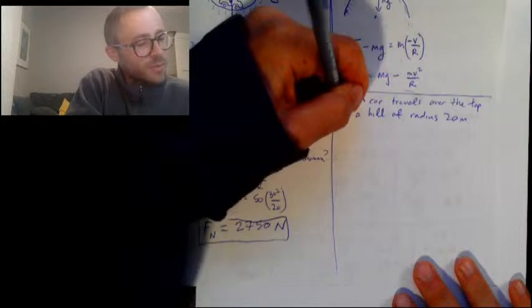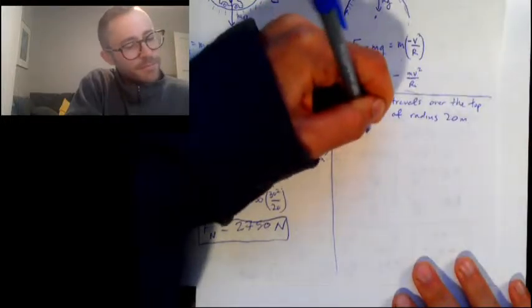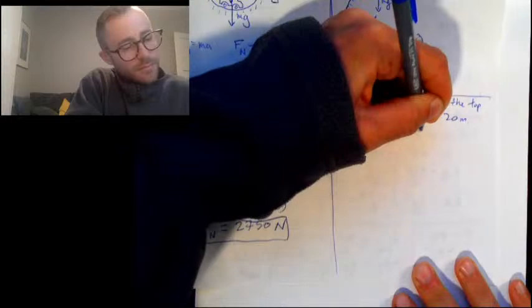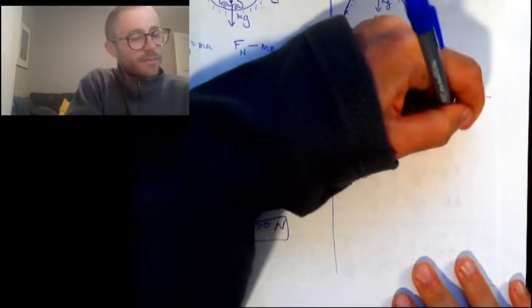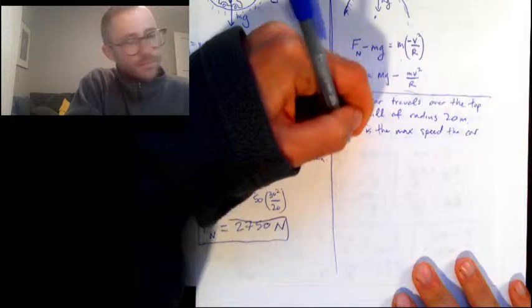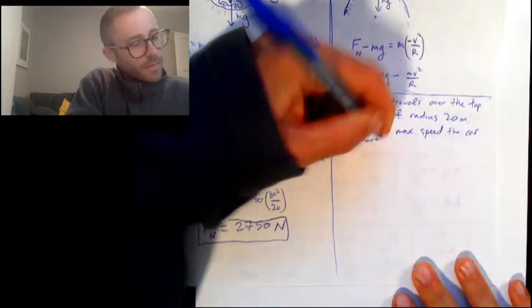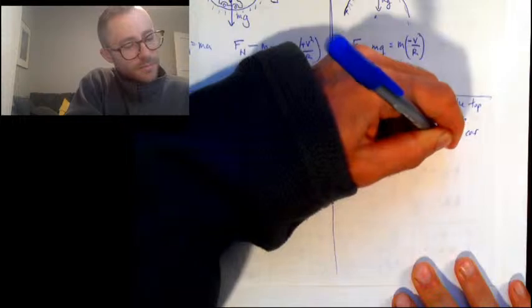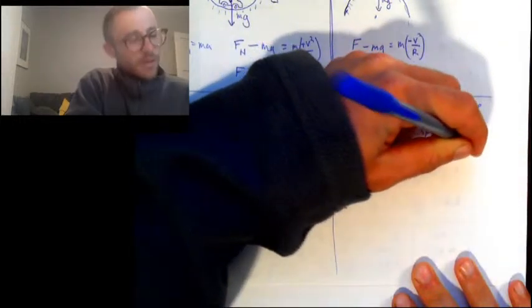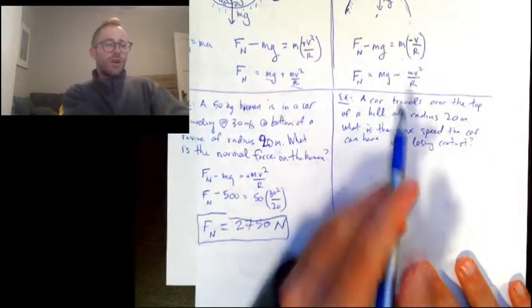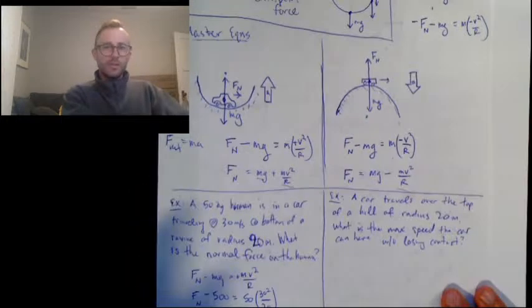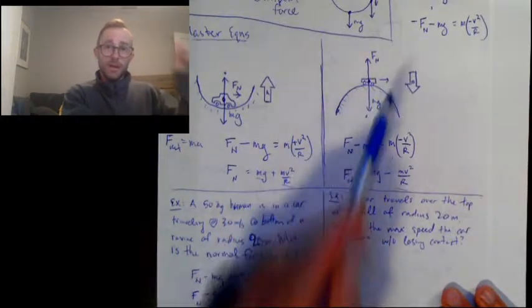What is the maximum speed the car can have without losing contact? So it's a car traveling over the top of a hill. So it's this kind of scenario, okay?